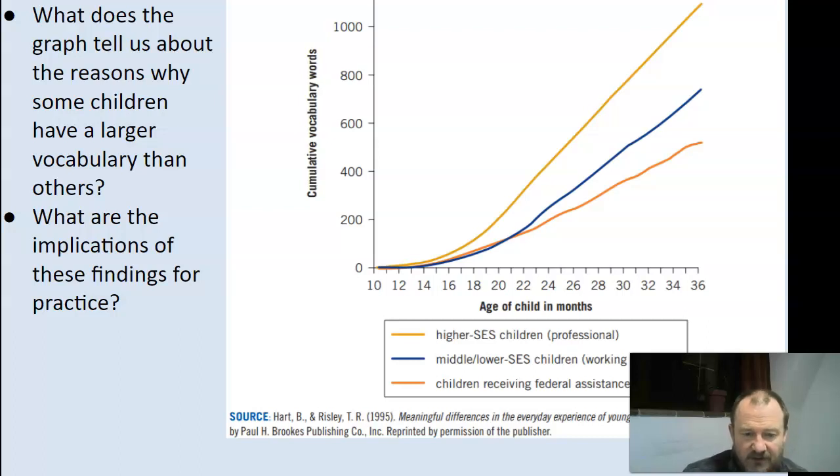This was a study conducted in the US. Federal assistance means government support. So those on benefits, if you will.